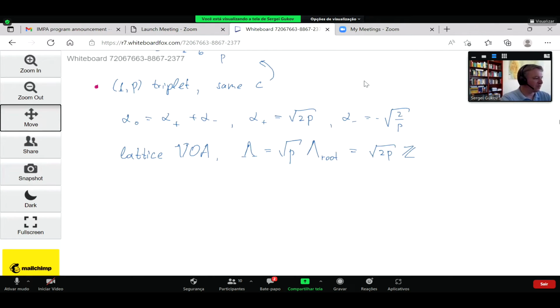And in terms of this, now this lattice VOA has two screening operators, usually called long and short. So S plus is the long one.